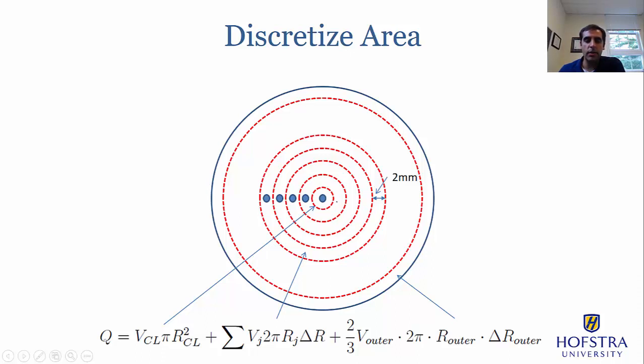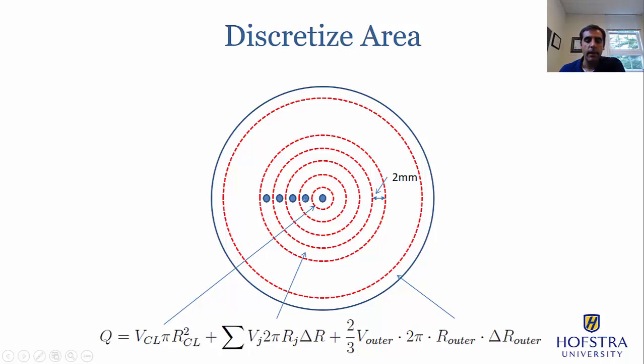Here you see the velocity, Vj, which is the local velocity here, times the annular area, which can be calculated by 2 pi times rj, which is this local radius, times delta r, which is always going to be the 2 millimeters that we're moving.